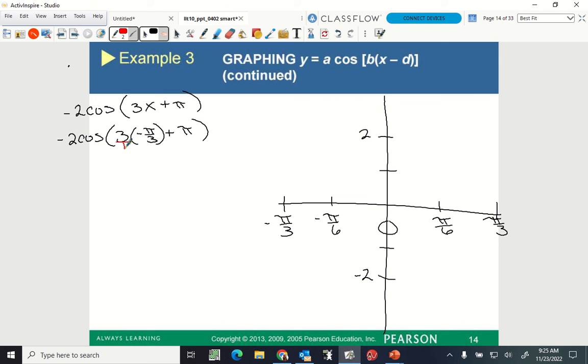Now negative pi plus pi is? 0. A negative pi plus a pi is going to give me 0. Does that make sense or no? Yeah. Okay.